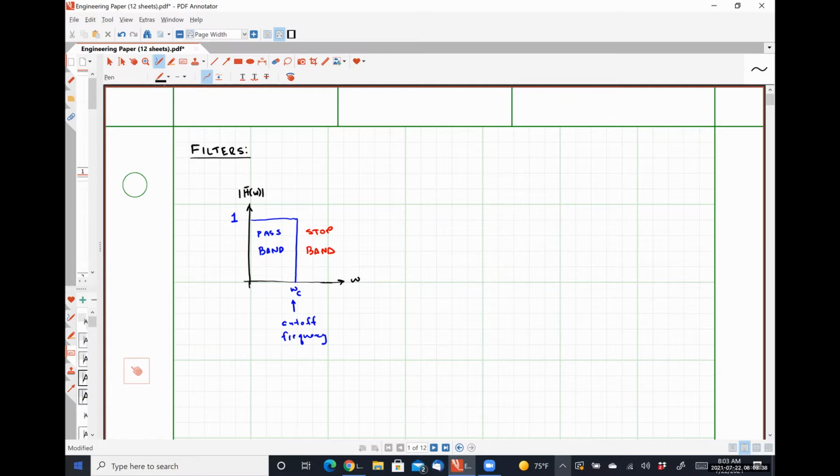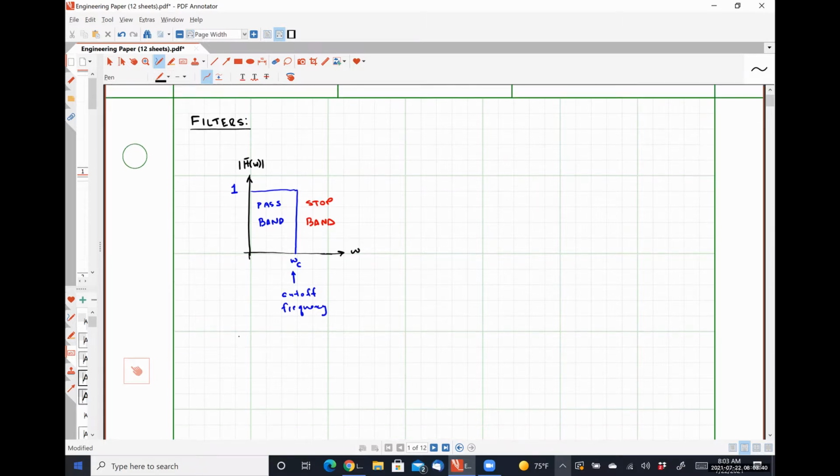This type of filter is what's called a low pass filter. Now this is the ideal behavior of a low pass filter, where we would see an abrupt shift between the pass band and the stop band, meaning that everything beyond omega c gets completely attenuated.